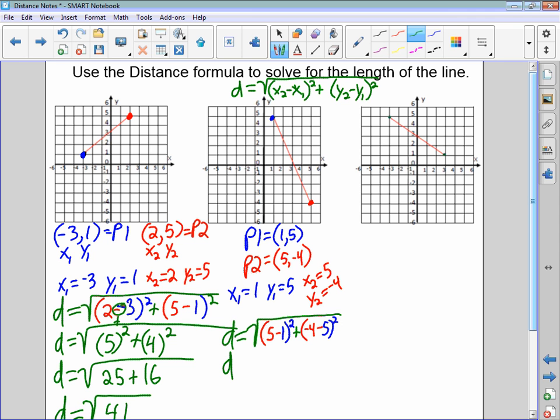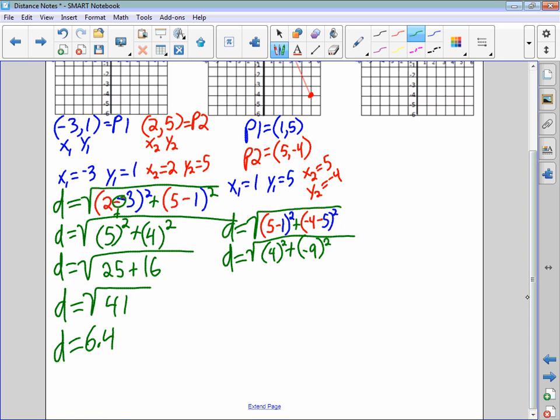We get the distance equals square root of 5 minus 1, which is 4 squared, plus negative 4 minus 5 gives us negative 9. This is where keeping those parentheses counts. If I did not have parentheses on negative 9 squared, I would end up with a negative 81 instead of a positive 81, and it must be positive at this next step.